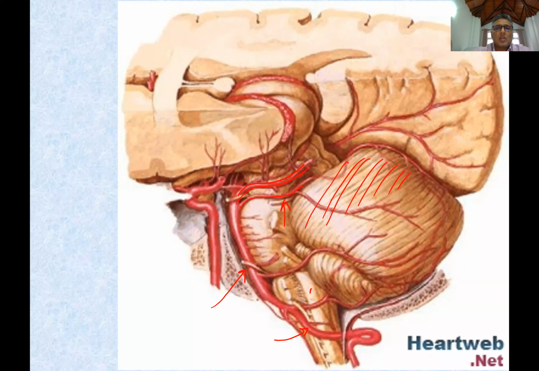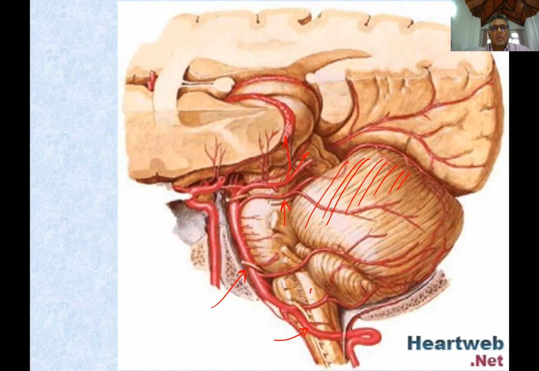So you can see actually from the posterior cerebral artery, branches are going into, now this is the choroid plexus of the lateral ventricle. Branches are given to the choroid plexus of the lateral ventricle, and of course the third ventricle also, which is not shown here in the diagram.